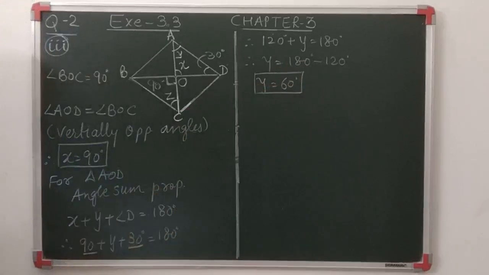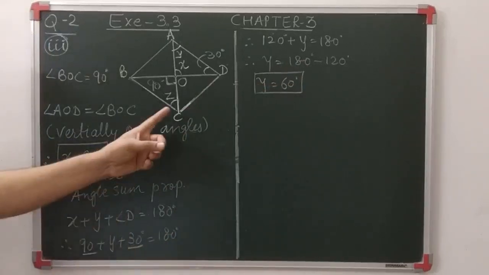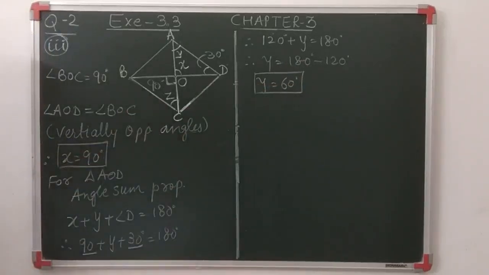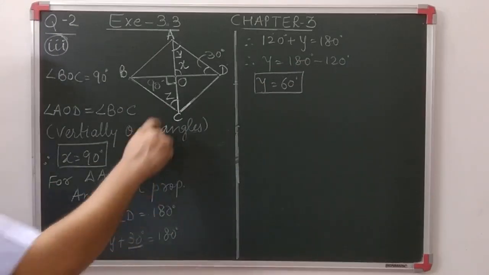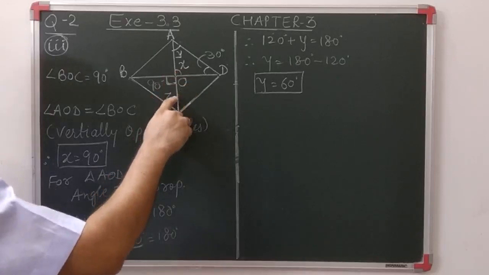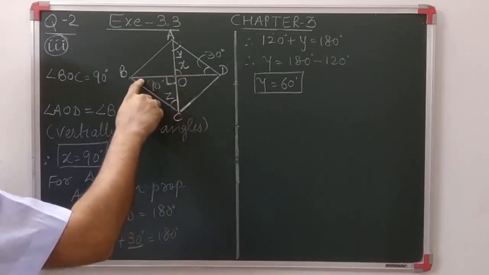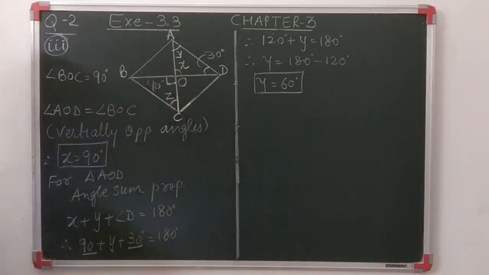Now remember students, it is important to obtain Z, and you should have some clear concept of the 7th standard. Now there is no relation we can find out between this X and Z, 90 and Z. We need this value. मगर हमारे पास कुछ नहीं है.